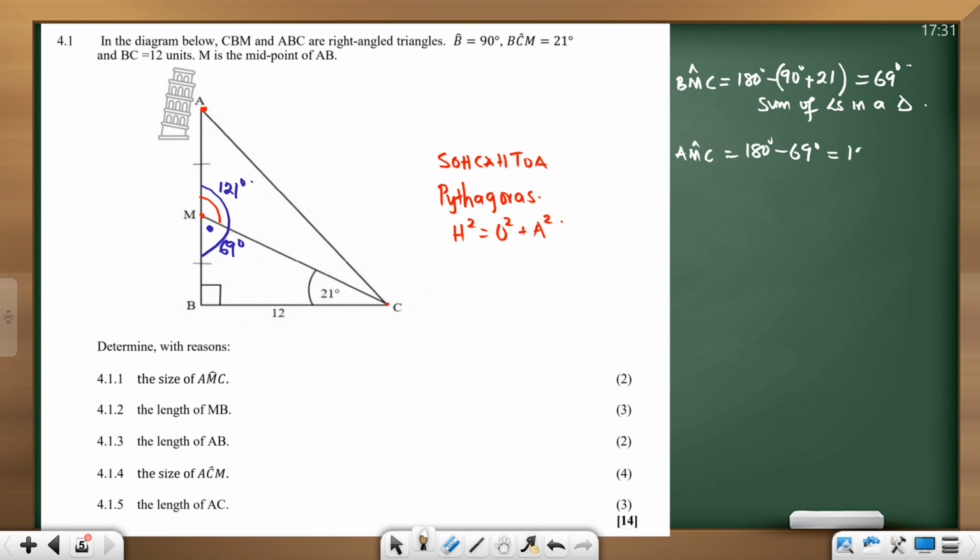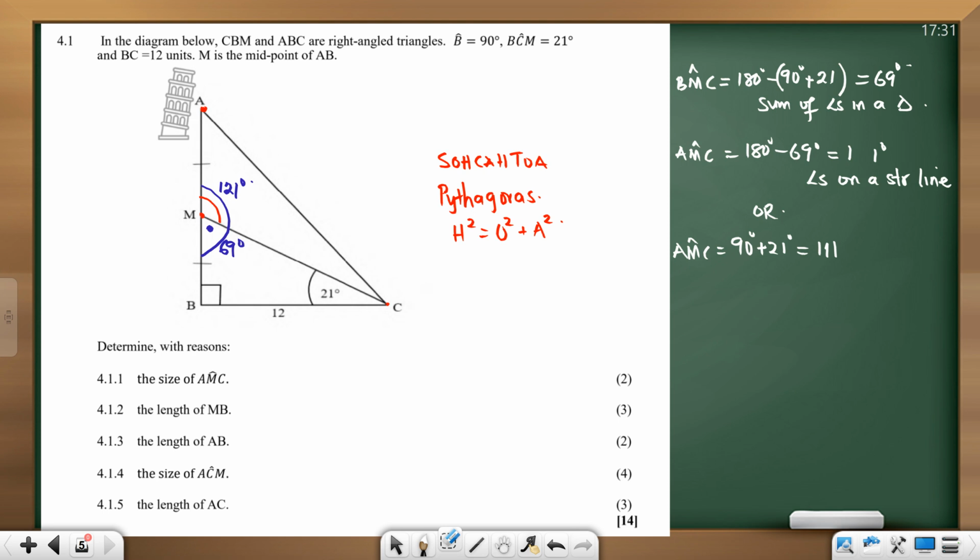And what would that be? 121 degrees. Angles on a straight line. Or you could see AMC as 90 plus 21 degrees, which is 111, not 121.